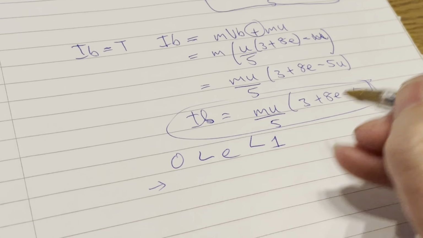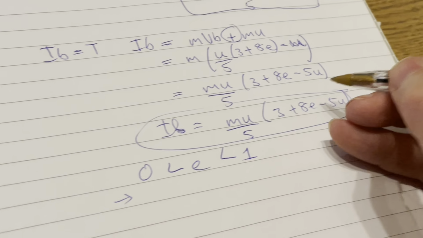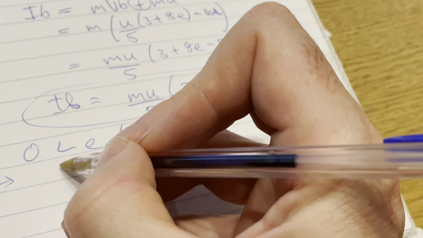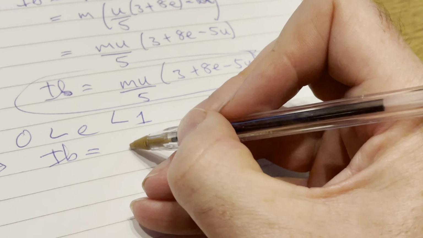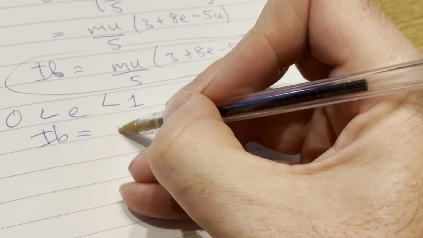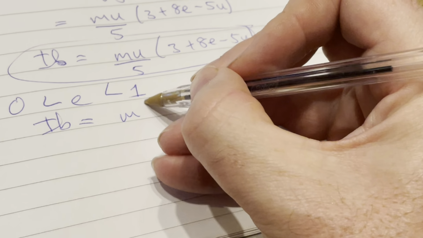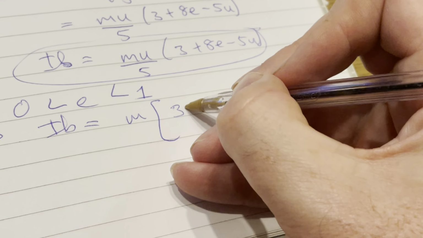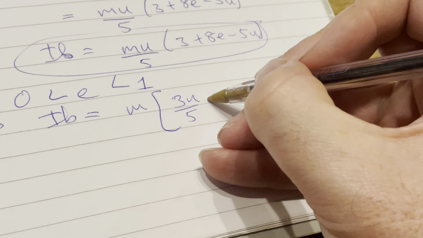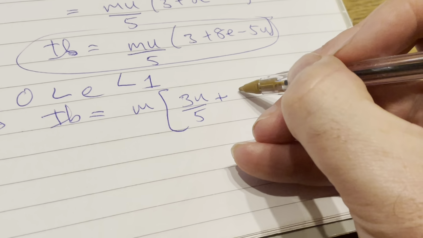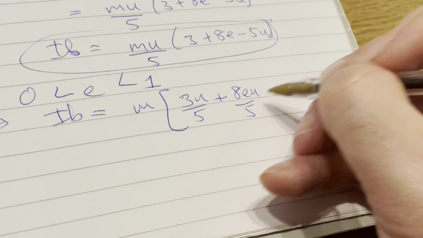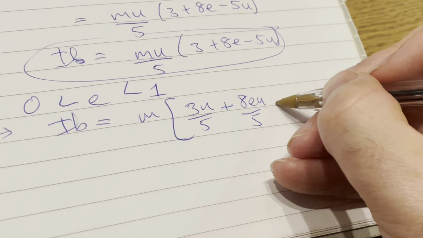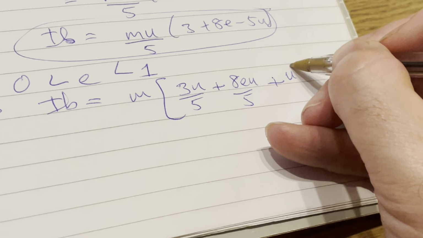So can I add those two? IB this time is equal to m times 3u over 5 plus 8eu over 5, and now we're adding u.